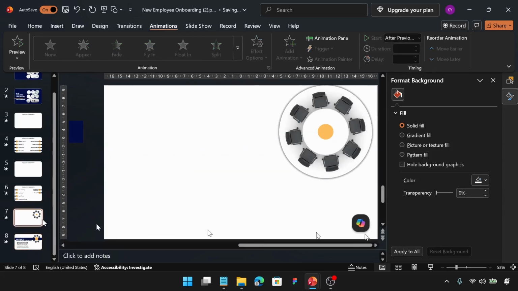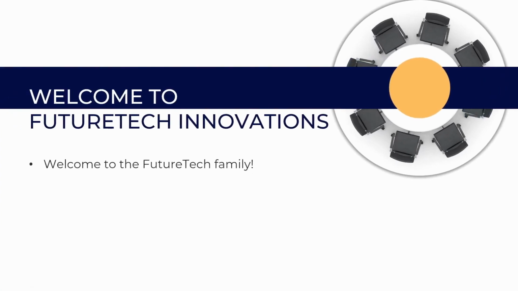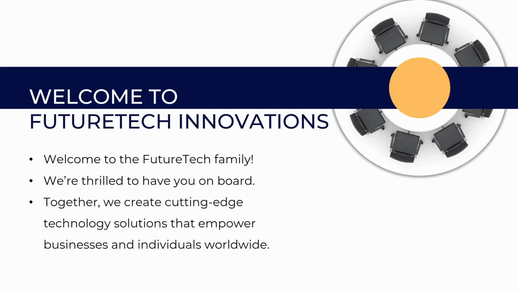All right, let's do this one more time and I should have fixed that by now. And we are going to look at our effects one more time. So we're going to have our elements coming and then we're going to have our text coming one by one. And yeah, that is it for the welcome slide in our new employee onboarding template in PowerPoint.